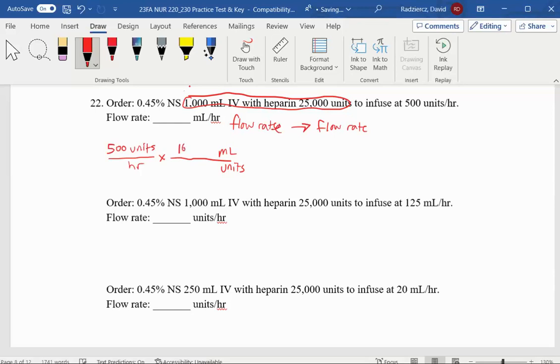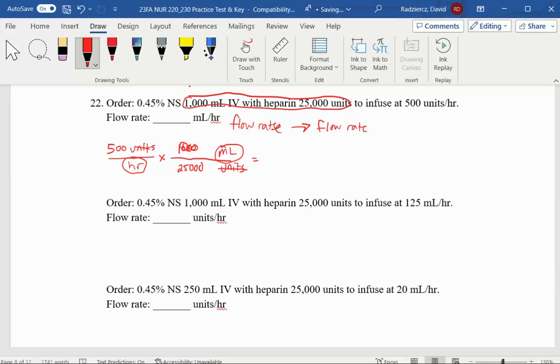So I'm going to write 1,000 up here and 25,000 down here, and then you set it up right, because the only units you're left with are milliliters per hour. Let me correct this here, 1,000. All right, that looks awful, but that's okay.